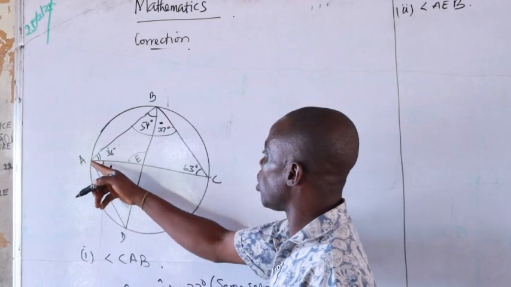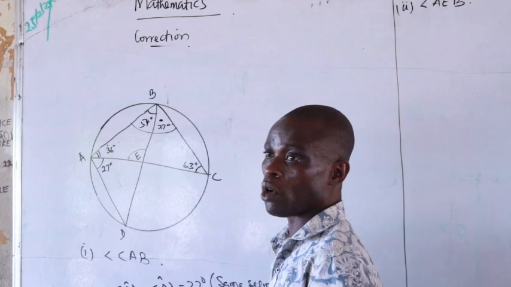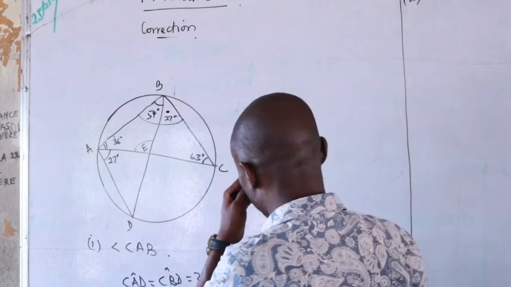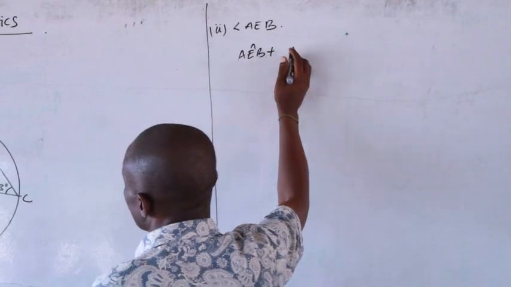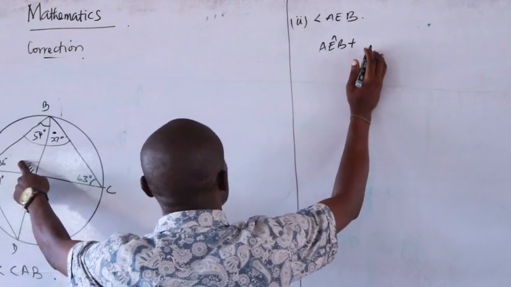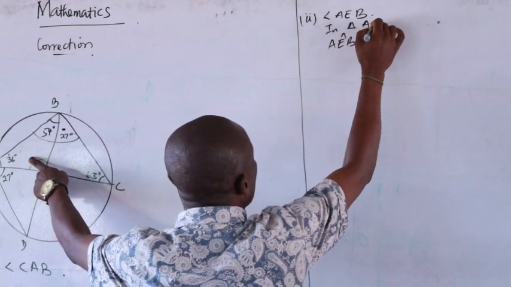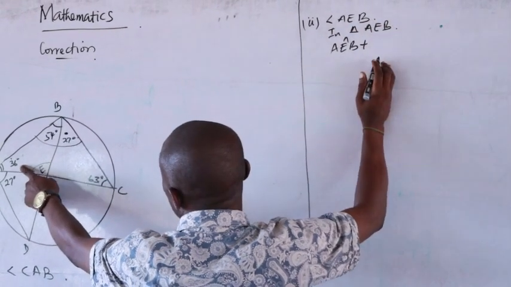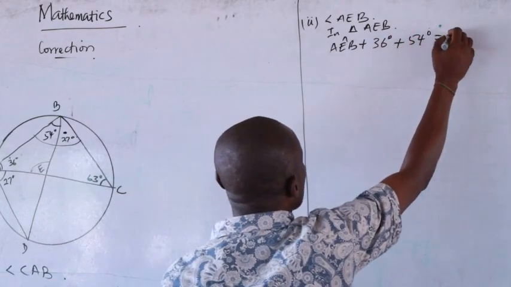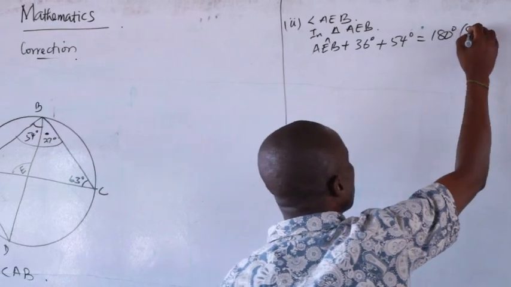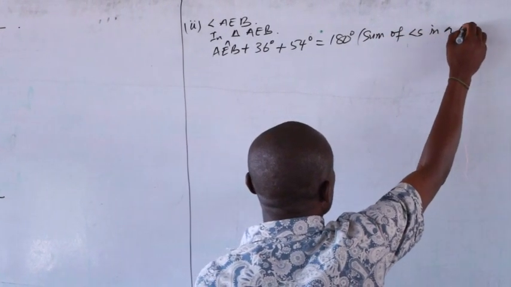In triangle AEB, we can add up all these 3 angles and equate this to 180. So AEB plus 36 plus 54 is equal to 180. The same reason: sum of angles in a triangle.